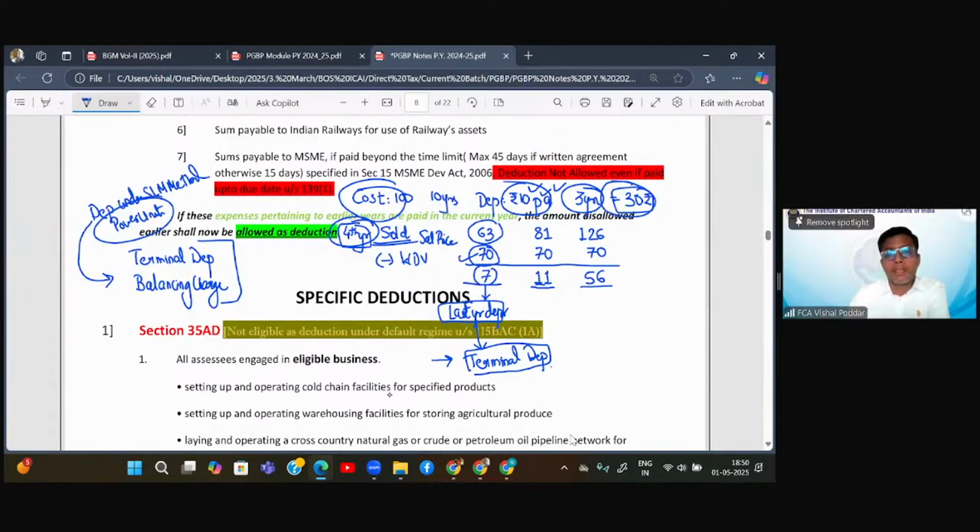No, we will consider it as our PGBP income under section 41. I hope you all remember 41. There are only two sections for income under PGBP, 28 and 41. 28 covers receipts, 41 covers past expenses which are now reimbursed, refunded.